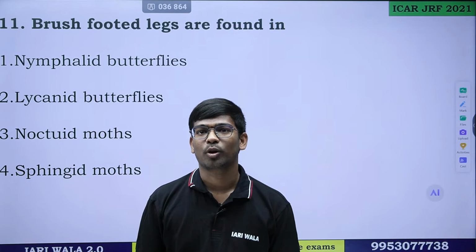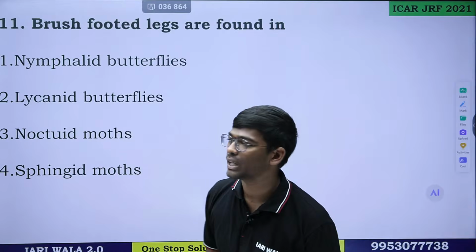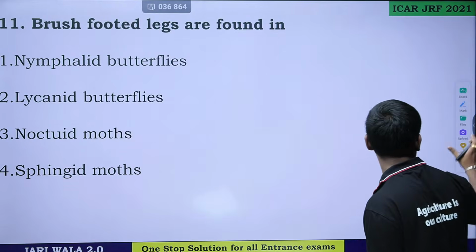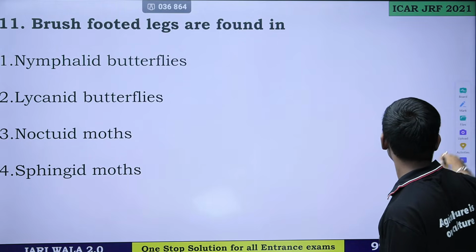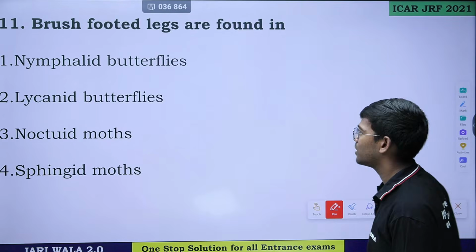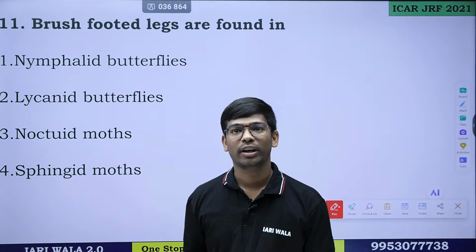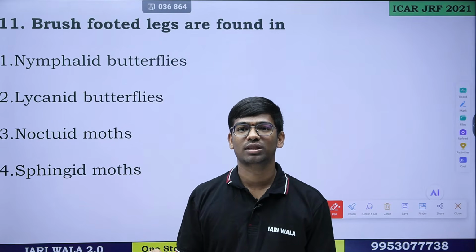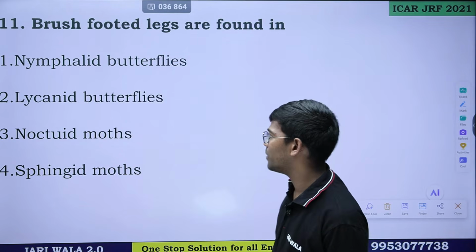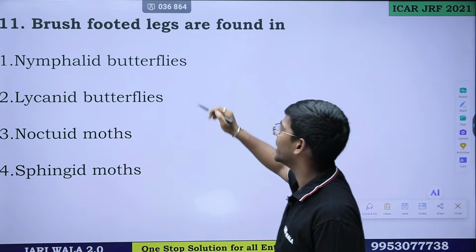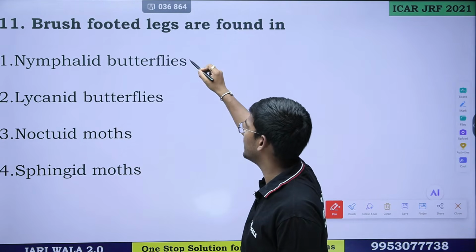One boy responded, option 1, correct. It is nothing but nymphalid butterflies, and you should know the reason too. So knowing the answer is one kind of study, and knowing it with the reason is very good study, which helps in your further education.